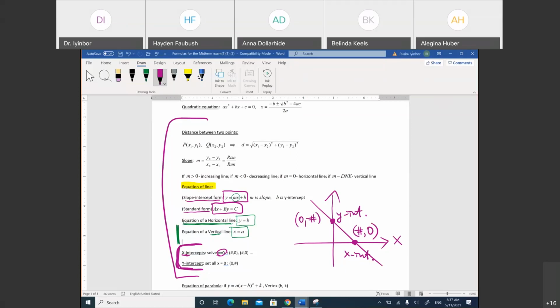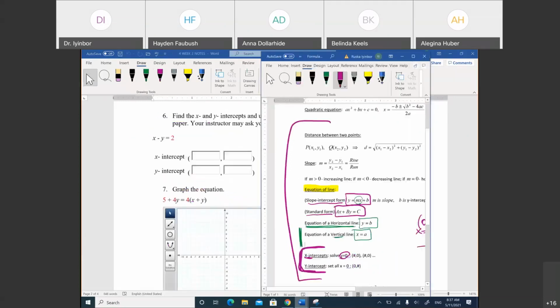So that means any number. So if I need to find the x-intercept, the y coordinate is going to be 0. If I want to find the y-intercept, the x coordinate is always going to be 0. So that's what you're using to find the x-intercept and the y-intercept. Everybody understand that? So remember that as a rule.